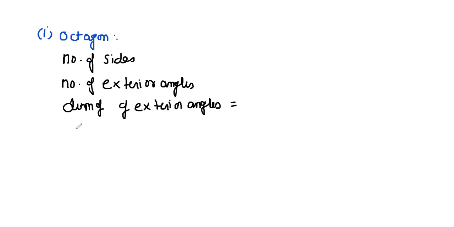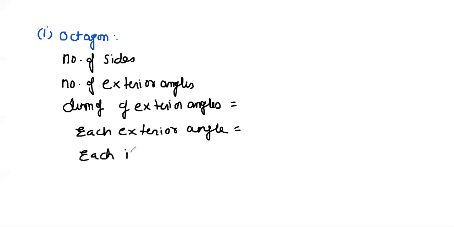Now I will write down each exterior angle. उसका भी कोई फॉर्मूला है, मैंने अभी सिखाया आपको. Each exterior angle का मेजर क्या आएगा वो आप यहाँ पर लिखो. Then you will write down each interior angle. Okay.